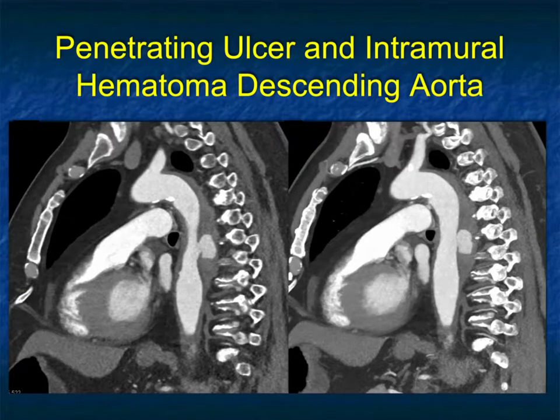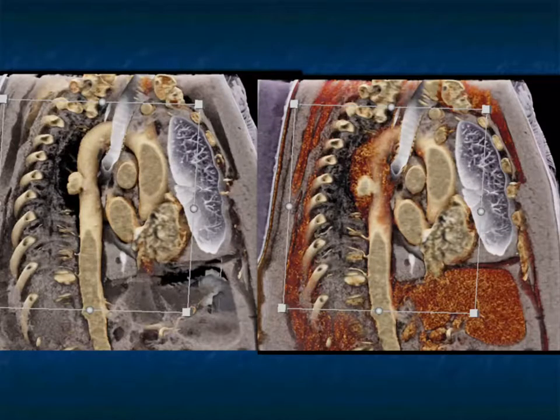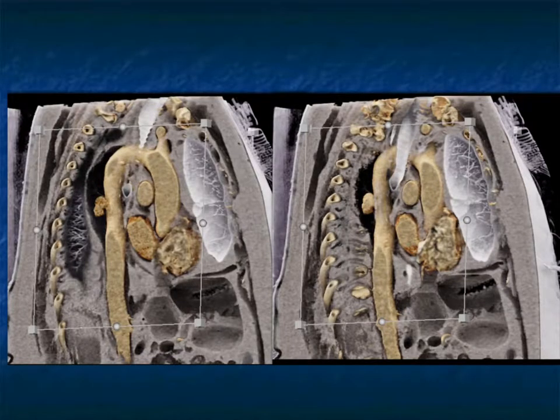Here's a nice example on the sagittal view of a penetrating ulcer of the descending thoracic aorta with an intramural hematoma. And here's that same set of images with the cinematic rendering. There's the ulceration, and you can see the dark area here, or here where I show the hematoma better. Again, the rendering technique becomes very critical in that regard.